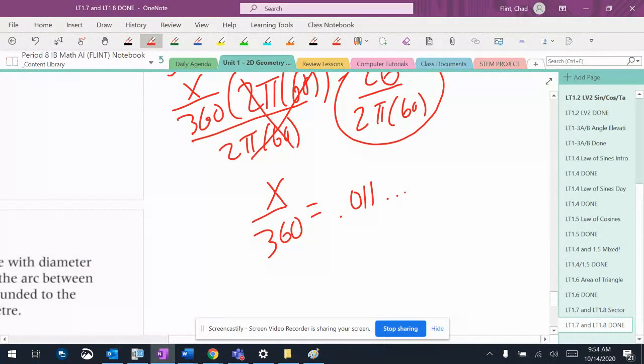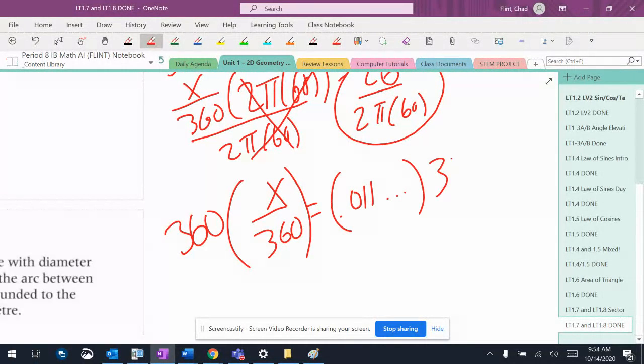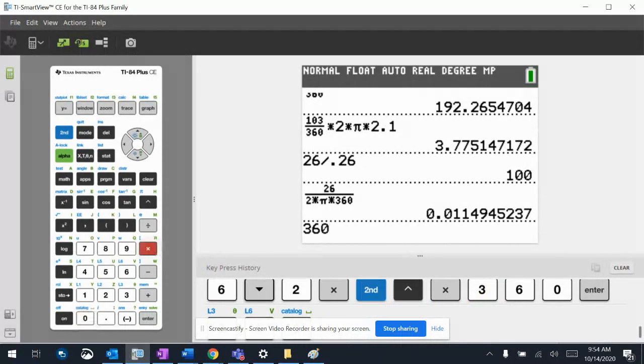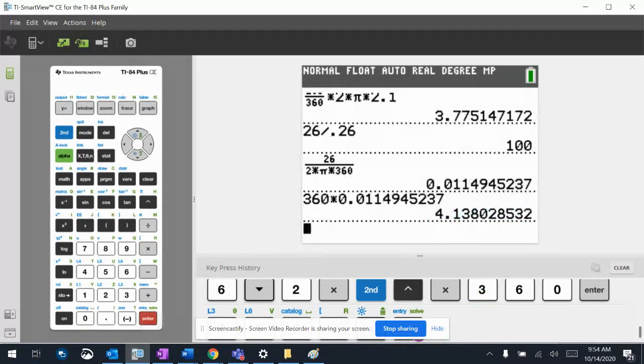You've got to think here, fraction is division. So to get rid of division, the best way is to do multiplication. You could do a cross multiplication here, but I don't really think that's necessary. So I'm just going to multiply that decimal that I just got times 360. So 360 times that decimal right there means I move 4.14.